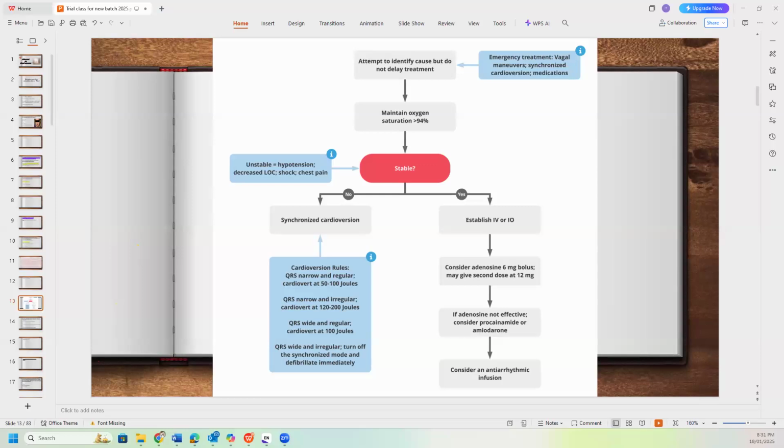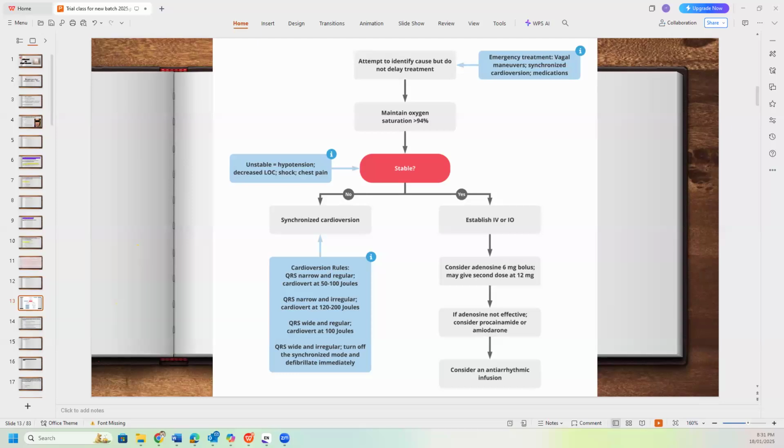For example, in supraventricular tachycardia, you do vagal maneuvers. But if the person is hemodynamically unstable, especially in supraventricular tachycardia and atrial fibrillation, you do synchronized cardioversion. Whereas in ventricular tachycardia where you don't have a pulse, or ventricular fibrillation, you defibrillate the person if they are hemodynamically unstable. Is that clear?